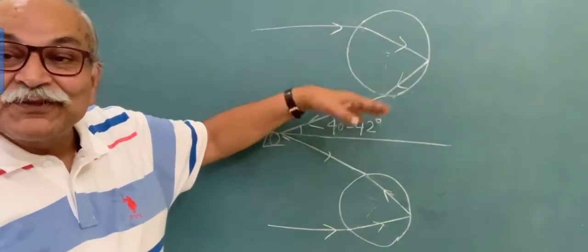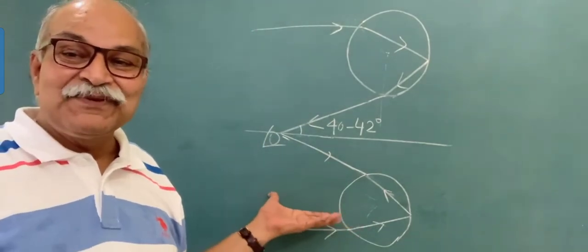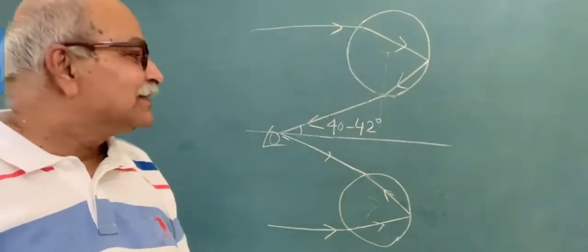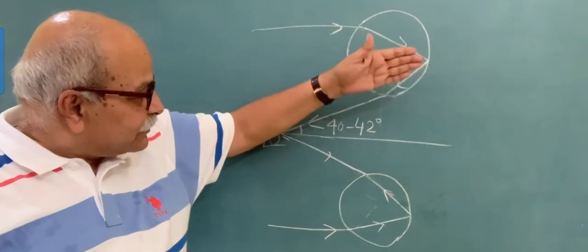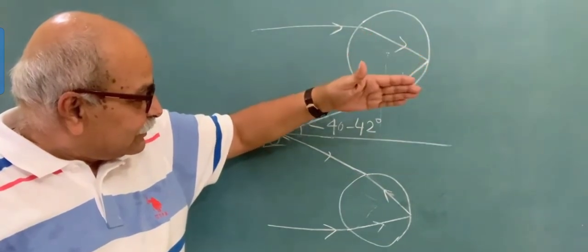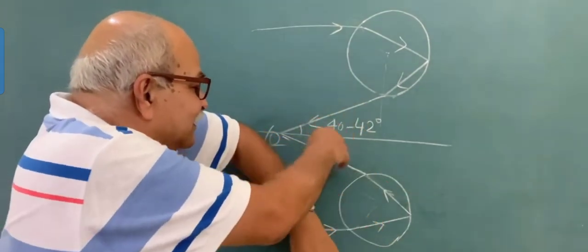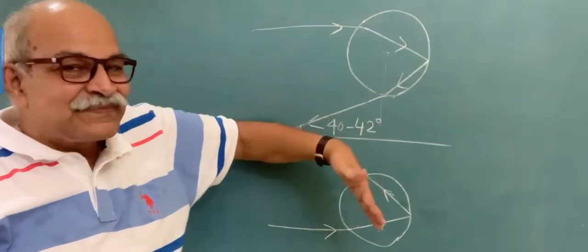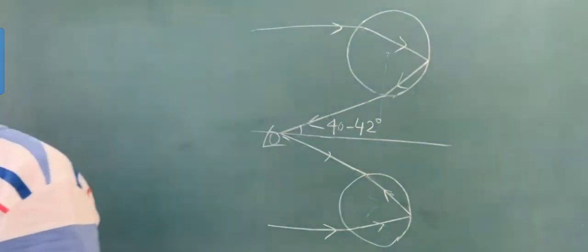But these are not the only two possibilities. This is 2 because I am using the surface of the board and it is not 3-dimensional. If you go in 3 dimensions, you can have 42 degrees in this direction, in this direction, in this direction. All these drops which are here, they are at 42 degrees. Let me show you using a cone.